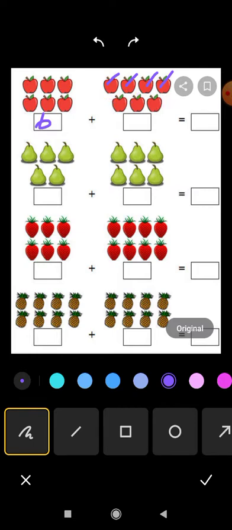So here also, how many apples do we have? The number is 7. Okay, so after that we use the plus, that is the symbol we call plus, the addition symbol. Yes or no, my dears? Yes, that is the addition symbol plus.